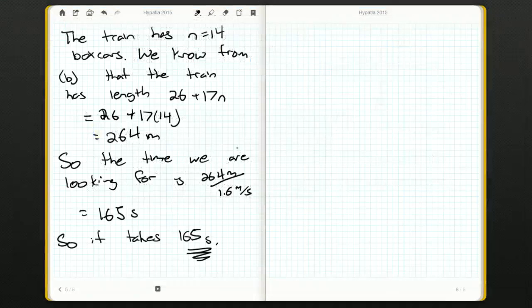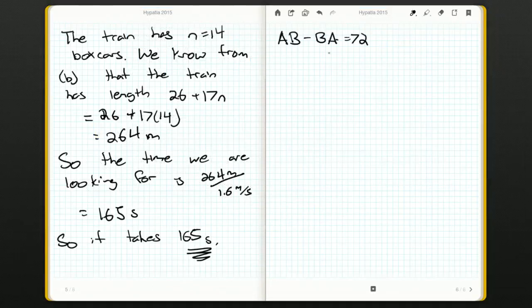So we want AB minus BA is equal to 72. Well, what does AB and BA actually mean? Well, it's 10A plus B minus 10B plus A is equal to 72.